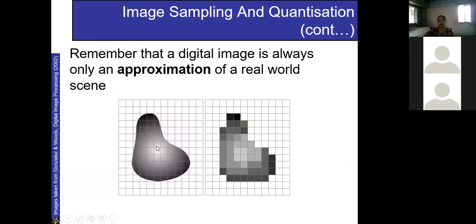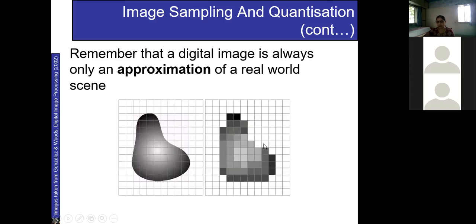If you look at the original image, at the center there is a bright shade, and on the borders or outer boundaries of the object there are dark shades. As you move from center towards the outer side, the gray value becomes darker and darker. In this image, you can observe there are many gray shades between white and black.